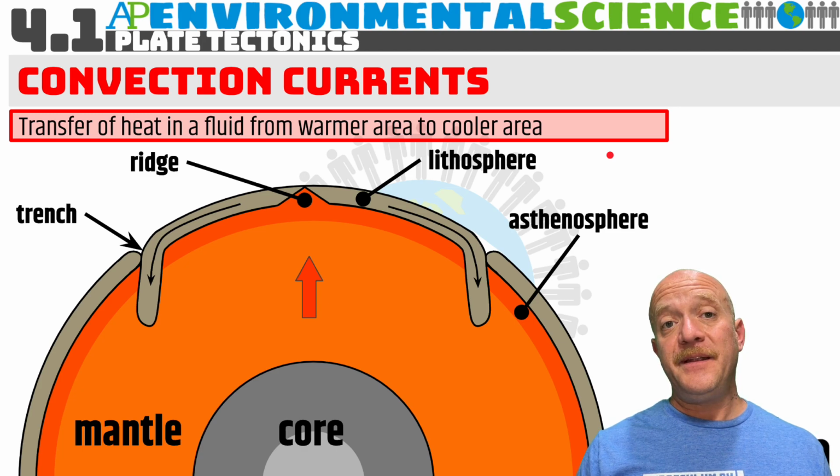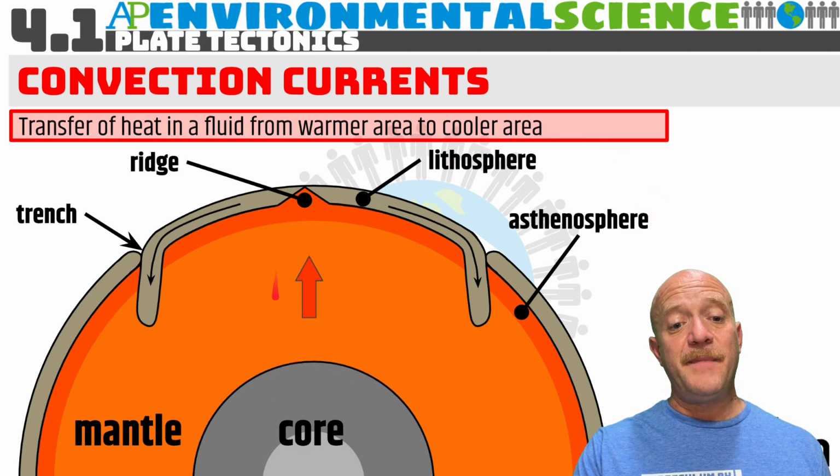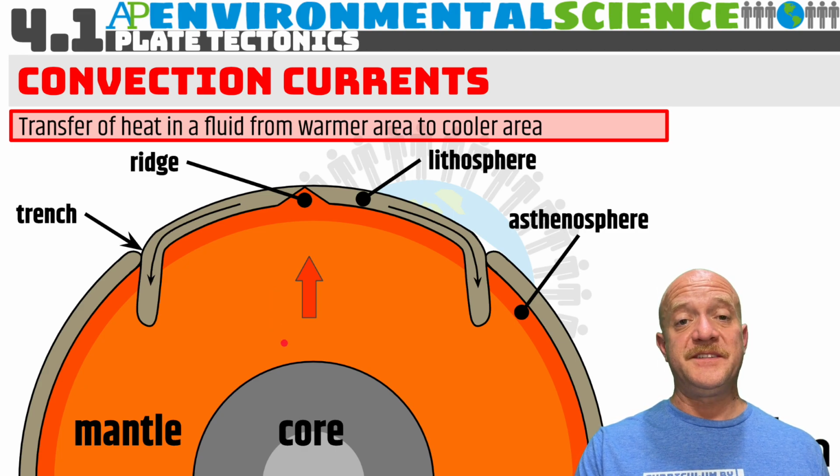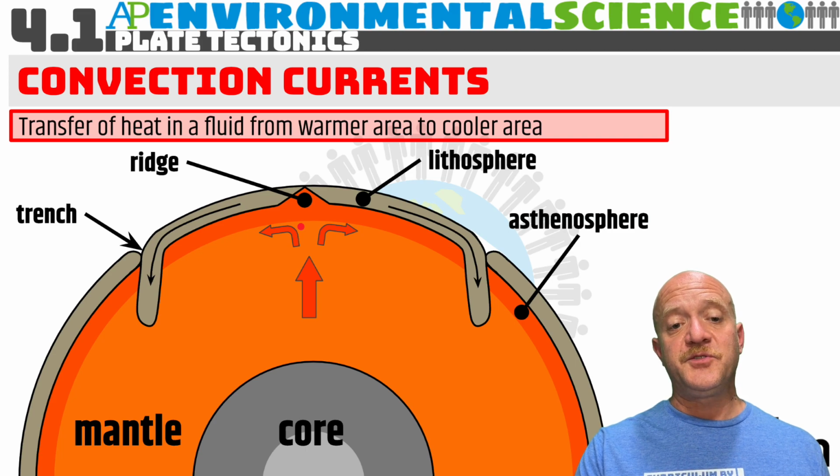Convection currents can happen in a liquid, like molten rock such as magma. It can also happen in the atmosphere, which we will see in future lessons. What happens is this warm rock from deep within the mantle rises up, hits the outer area of the mantle where it's much cooler, and it separates.